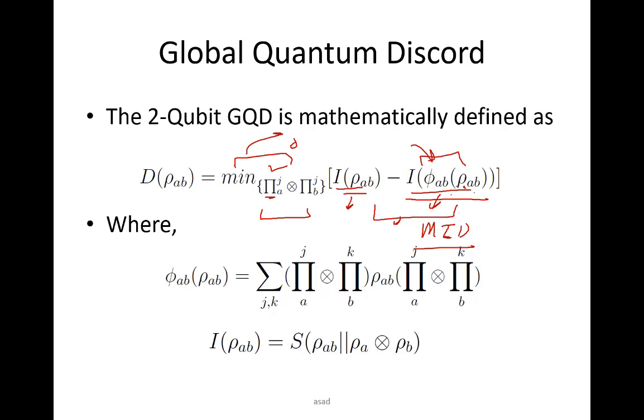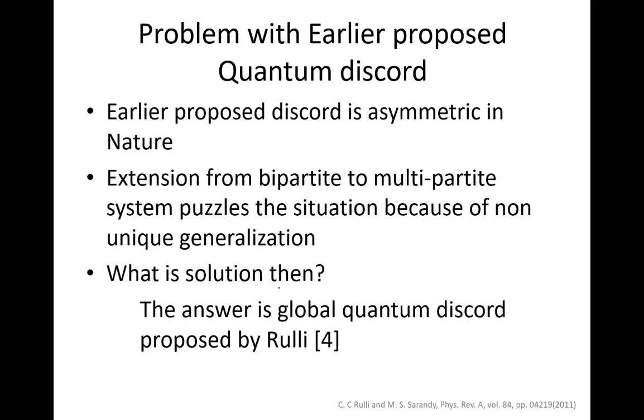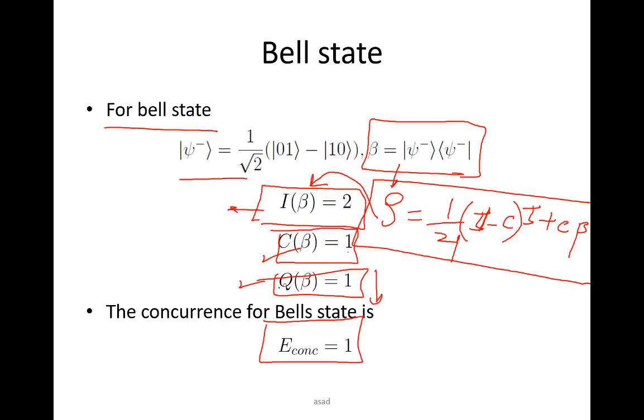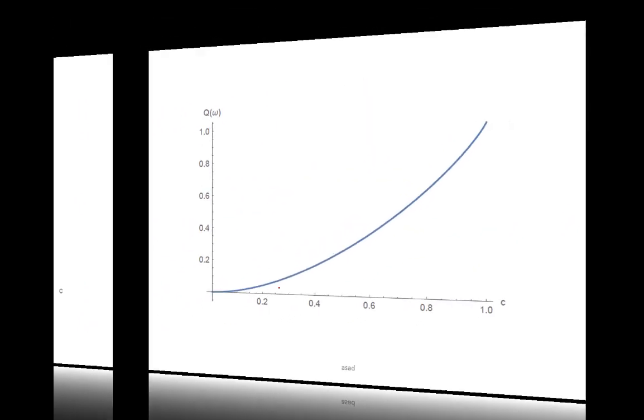After minimization you will get the discord for AB, and this discord is symmetric, where I of phi AB is defined in this way. Phi AB means you take rho AB and make this quantum operation. This is the definition of a quantum map, a quantum operation. If you perform a measurement, this is the same formula discussed earlier, but the projectors are for both parties.